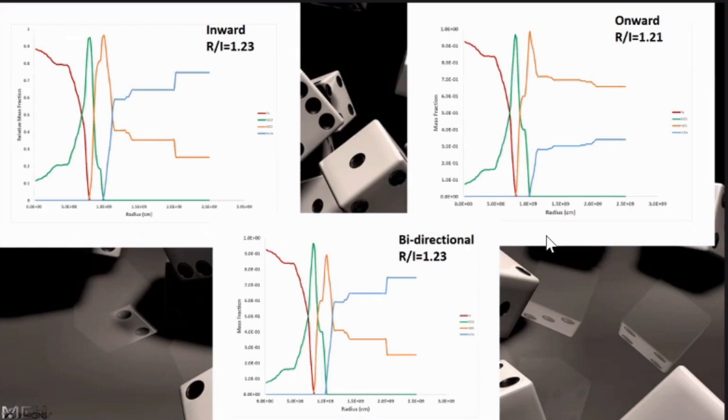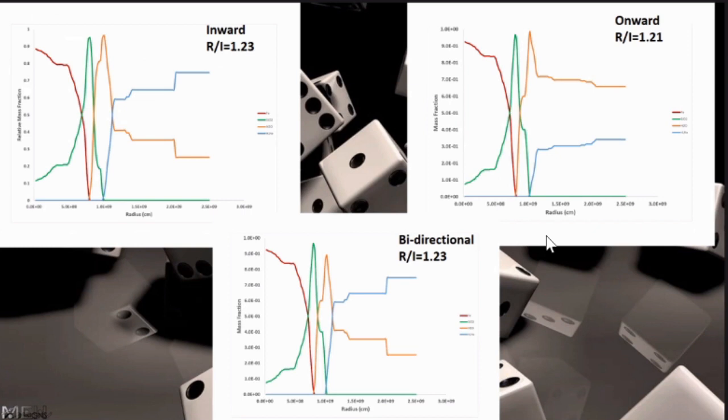And here are the three composition pictures that you get. Again, the outward and the bidirectional start the same at the center.